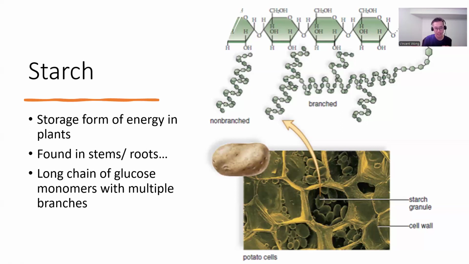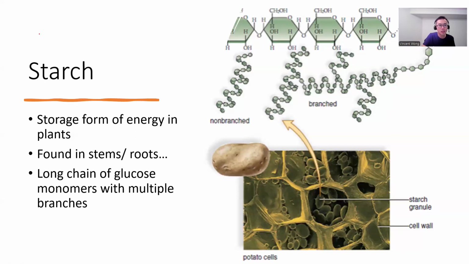So potato is an example. Potato is like a root, right? And they store all the starch in it. They want to use it themselves, but of course, we as humans harvest them and then we eat it for food, right? But nevertheless, starch is a storage form of energy in plants, and they have long chains of glucose with multiple branches.